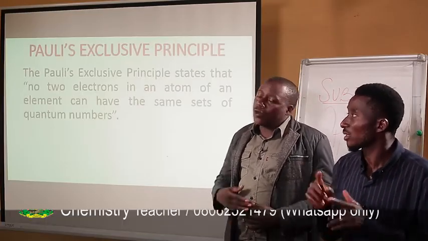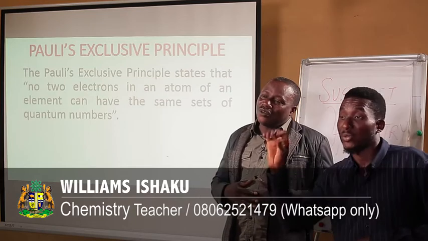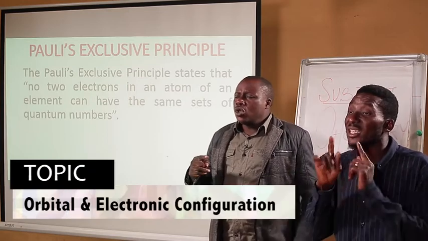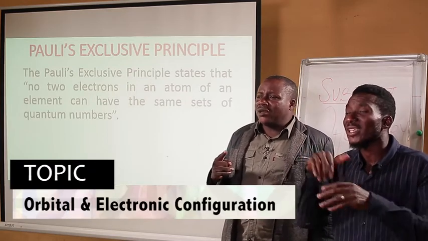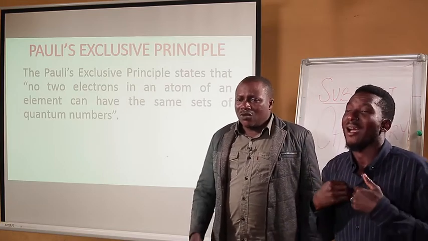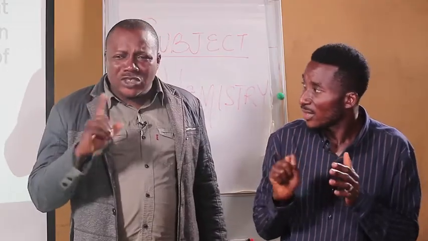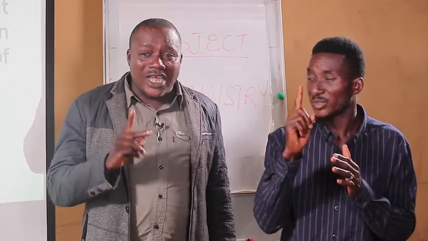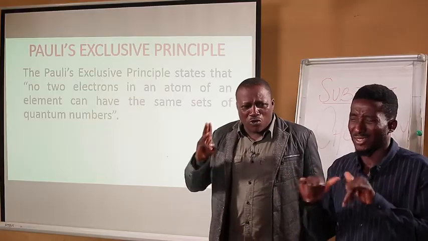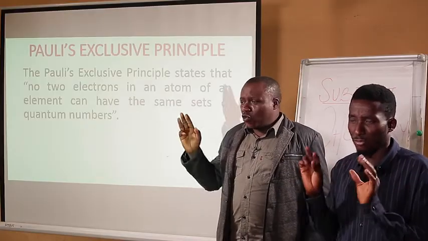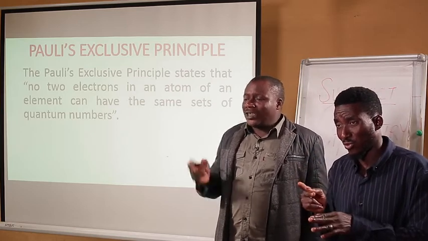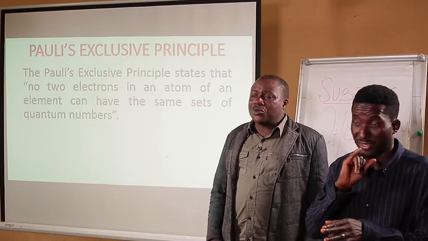Next to that is what we call Pauli's exclusion principle. And what is this principle saying? It's saying that no 2 electrons in an atom of an element will have the same set of 4 quantum numbers. What that means is that there is no magic whatsoever by which, when you are describing electrons, they will have the same set of 4 quantum numbers. These are the quantum numbers I've mentioned: the principal quantum number, the azimuthal, and another name for azimuthal is subsidiary.